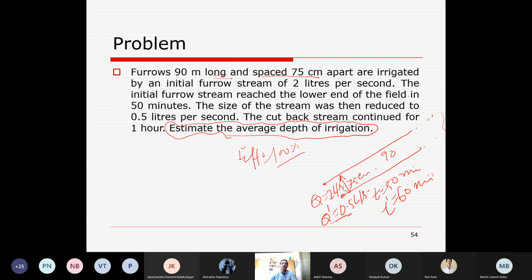So we can find the optimum design so that uniformity of irrigation is maximum and efficiency of water application is also maximum. This is our target in designing the irrigation method. And if you have any query, please bring it to me in the next class. Okay?